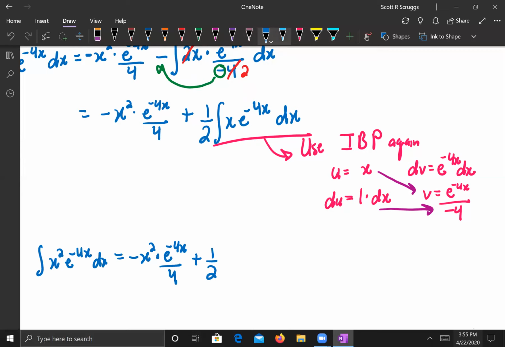And I now include the brand new stuff that I obtained with my second iteration of integration by parts, which is the negative x times e to the negative 4x over 4 minus the integral of e to the negative 4x over negative 4 dx.